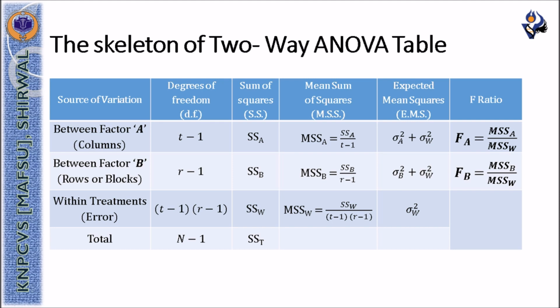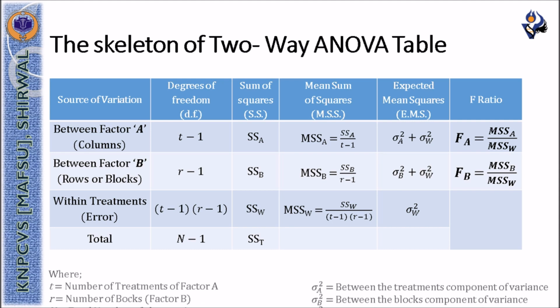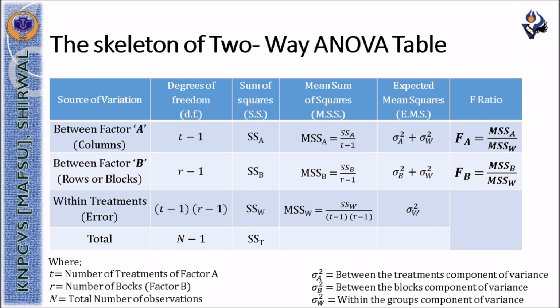This is the skeleton of a two-way ANOVA table, where there are various columns such as source of variation, degrees of freedom, sum of squares, mean sum of squares, expected mean squares, and F ratio.